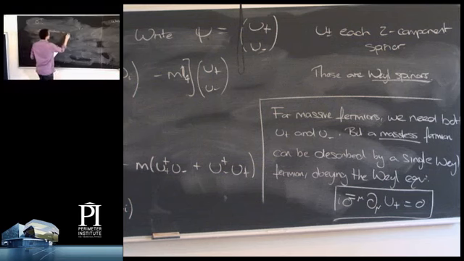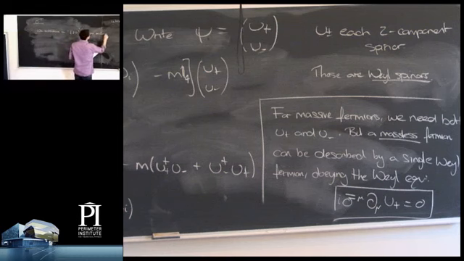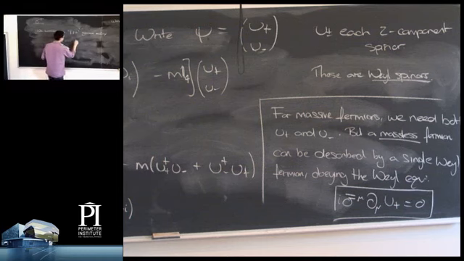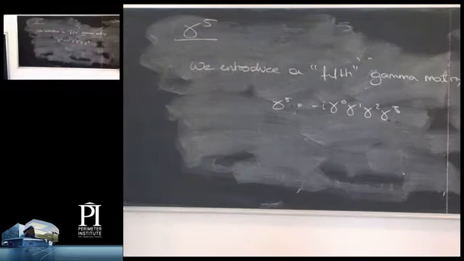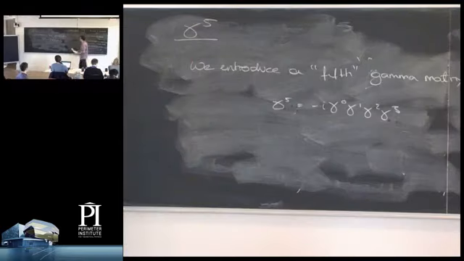So we introduce a fifth gamma matrix. And we get this just by taking all the four gamma matrices and multiplying them together.